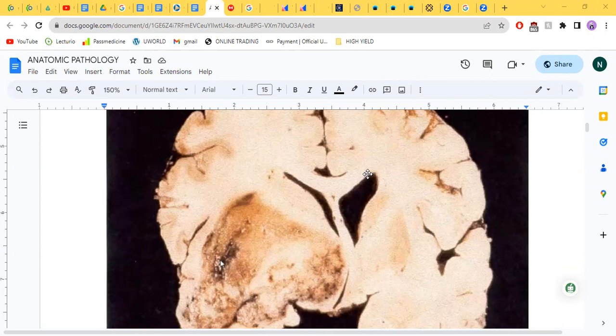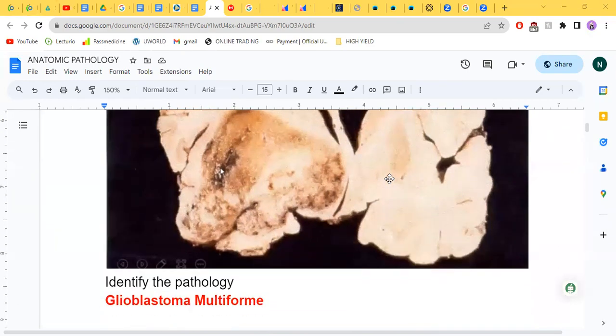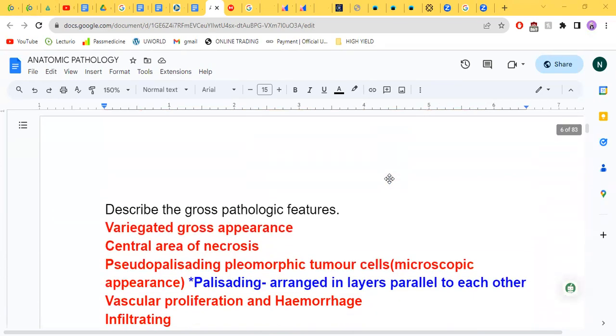What is the diagnosis? Glioblastoma multiforme. Awesome, guys, you are doing extremely well. Now, the gross features we saw: the variegated gross appearance, the central area of necrosis, the pseudopalisading pleomorphic tumors, which we saw was microscopic, and then vascular proliferation and hemorrhaging.